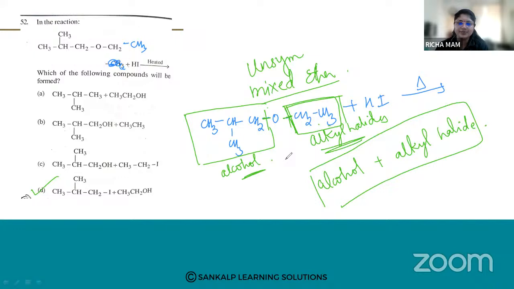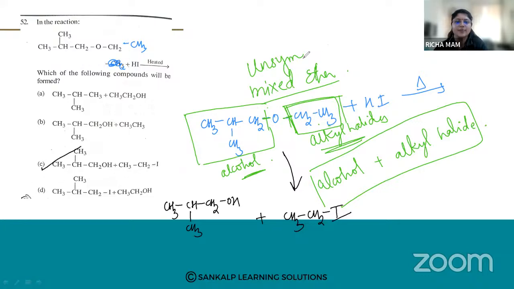So the products, when you heat it, are CH3, CH, CH3, CH2OH plus CH3, CH2I. So this is the answer. Which is the answer here?